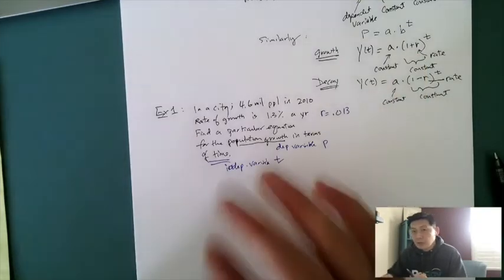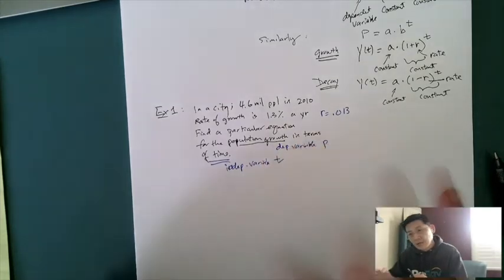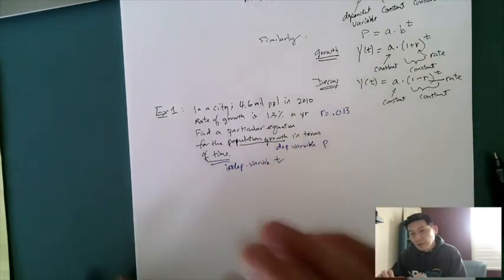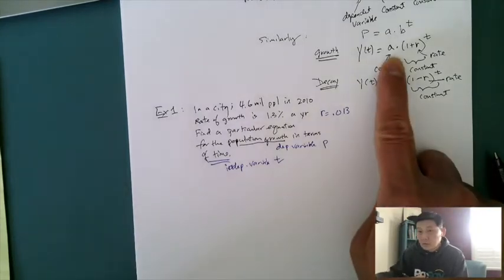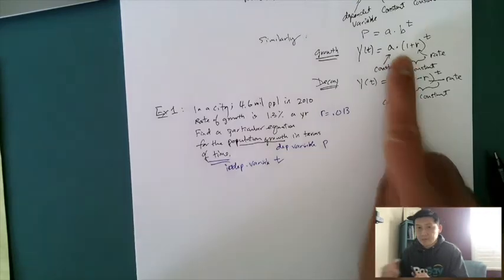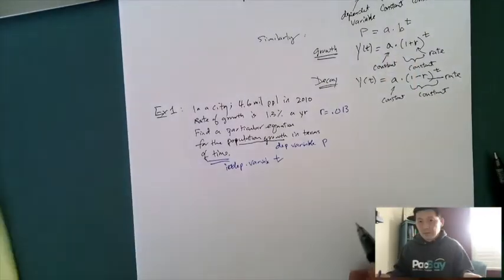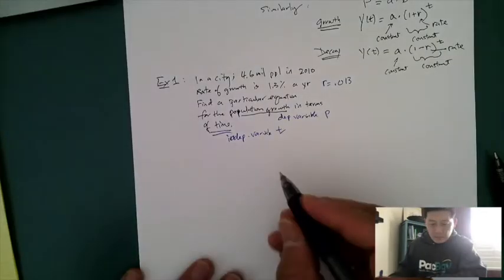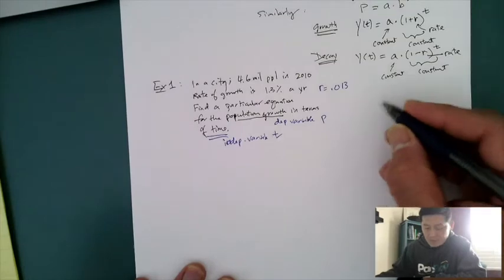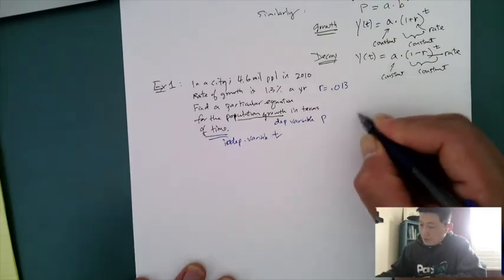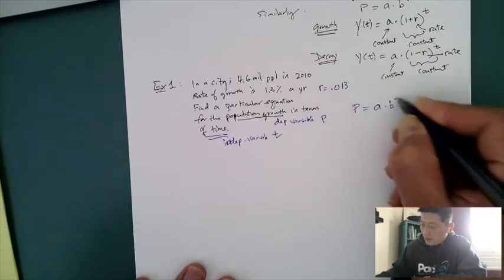So the first part of this problem is not necessarily to solve the problem. I mean, it is solving the problem, but it is also demonstrating to you that this growth model is indeed written in this form. So it's proving that as well. So here we go. Now, we know that this follows this process: P is equal to a times b to the t power.